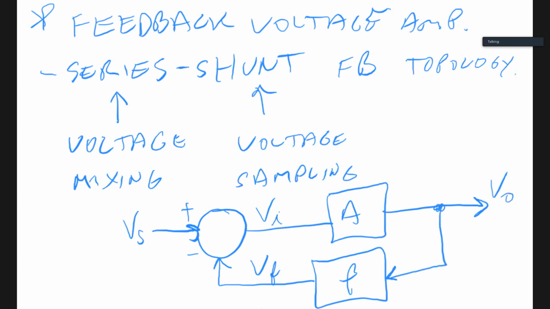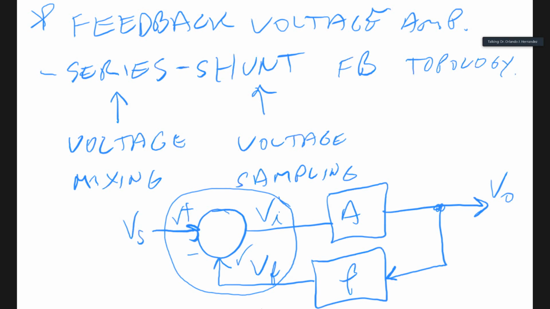So the mixing refers to this part. We're coupling the feedback with the input of the system. So we're mixing VF and VS to generate VI, which is really an error signal that drives that amplifier. That is the mixing part.